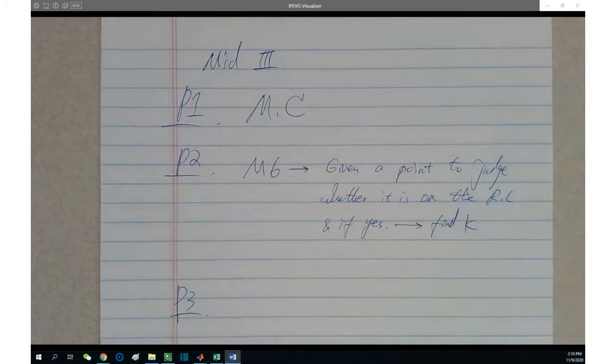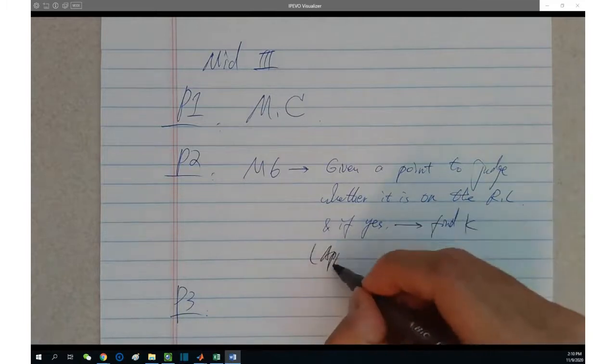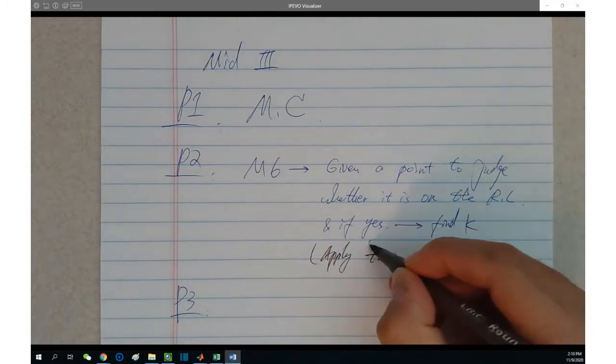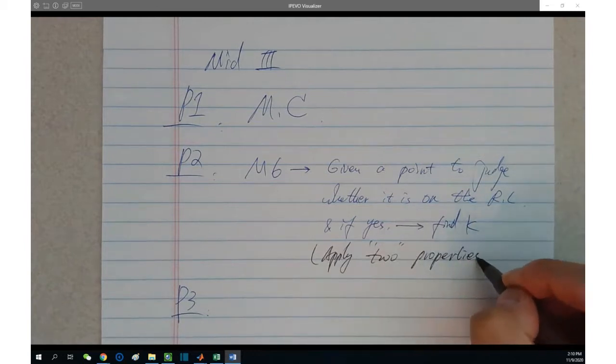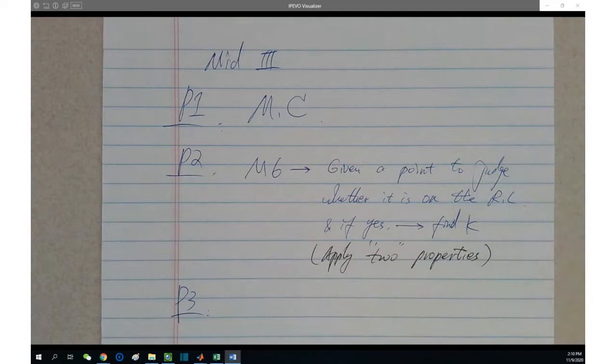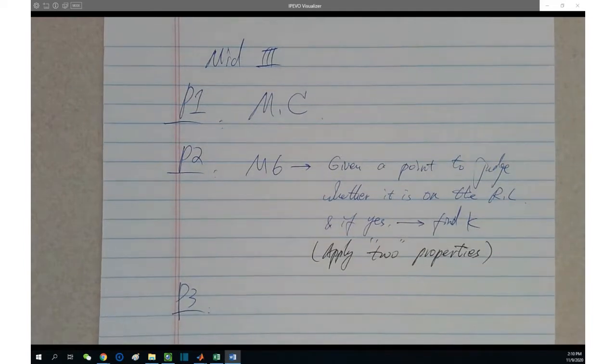Good. Find the gain. This is actually regarding what? Just apply 2 properties, right? Which 2 properties? Anyone remember? The phase property and the magnitude property, right? Here we go.